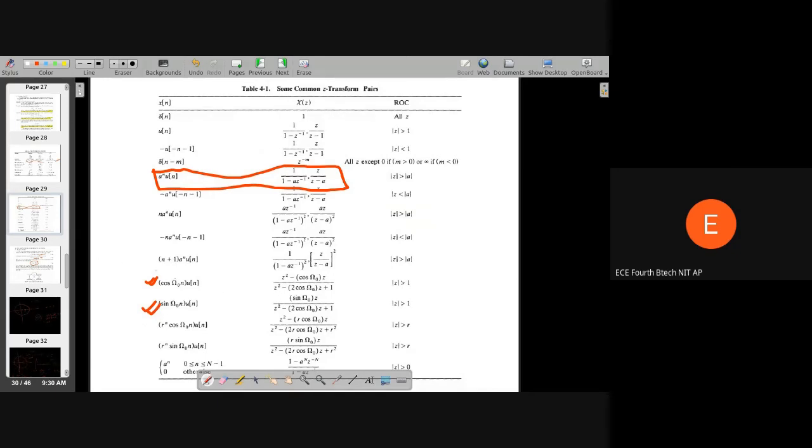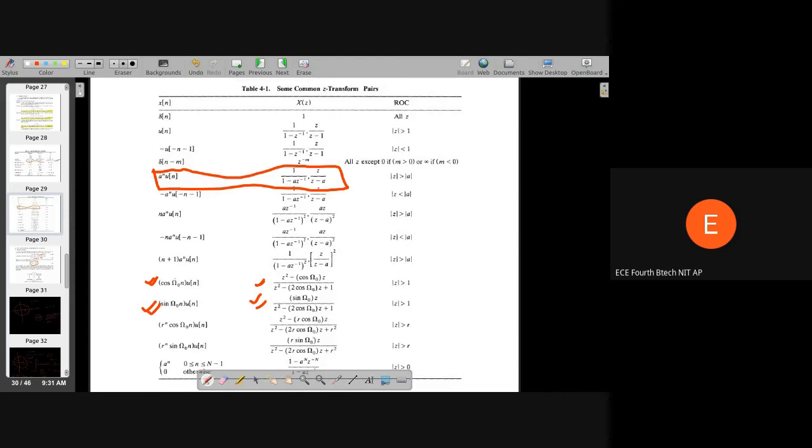Look at your sine and cos functions. What are their z transforms? There is a 2-degree polynomial in the denominator. Of course, there is something in the numerator also, but we can take care of that. Z squared means delaying the signal by two indexes. Cos omega naught can be considered as a constant and so on. So you see, these are sinusoidal signals.